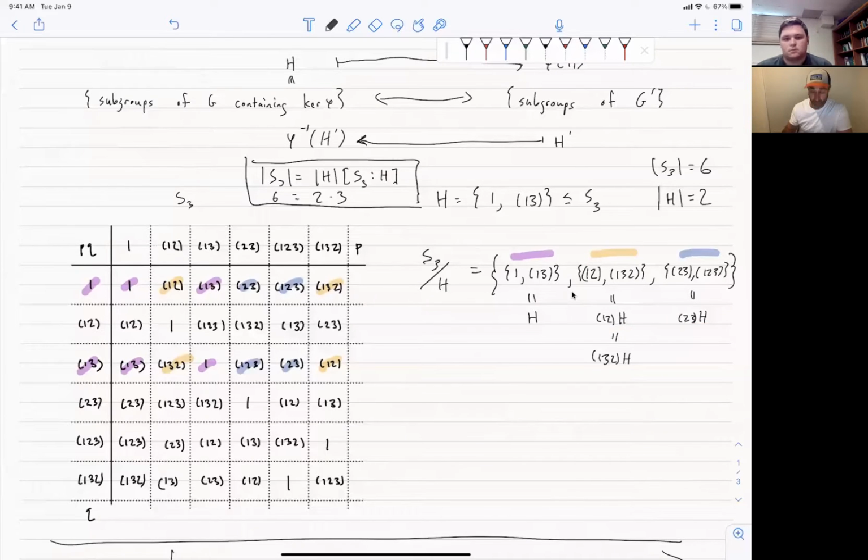You'll also note that what we did today doesn't hold here. I cannot multiply these.